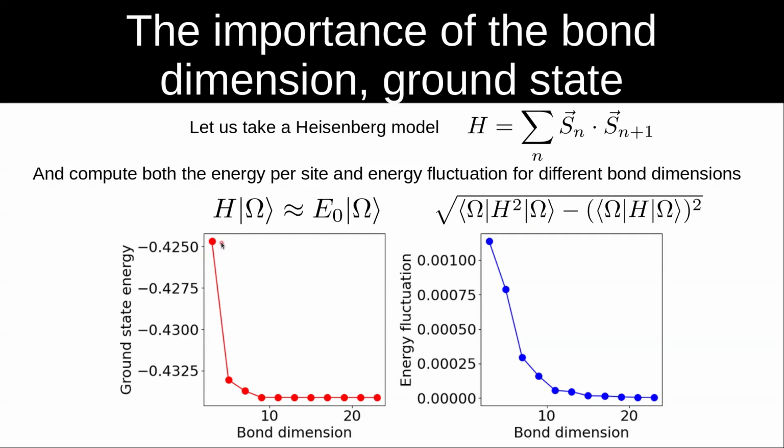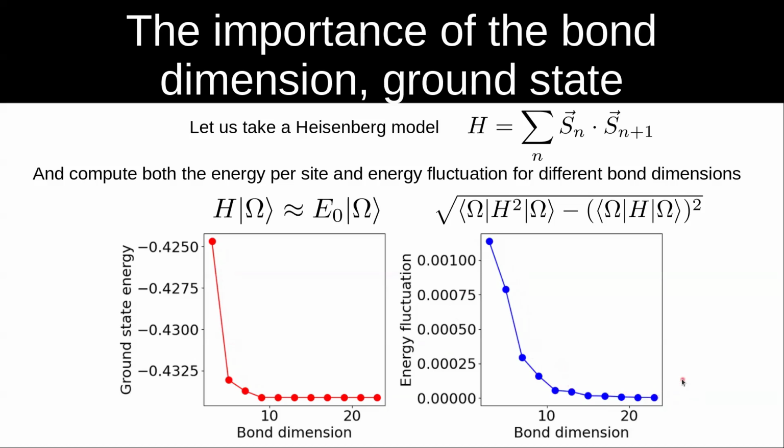As you increase the bond dimension, the energy becomes smaller, so you get closer and closer to the ground state. And if you look at the energy fluctuation, you see that it goes to zero. So even without knowing the ideal, true ground state energy, just by looking at the energy fluctuation, you can see if you are far or close from your ground state.